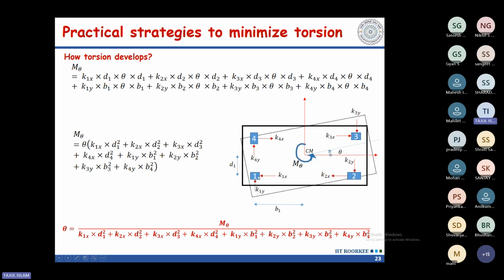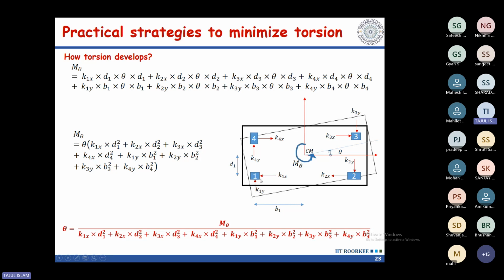I consider the first column and calculate the resisting moment because of this column about the center of mass.